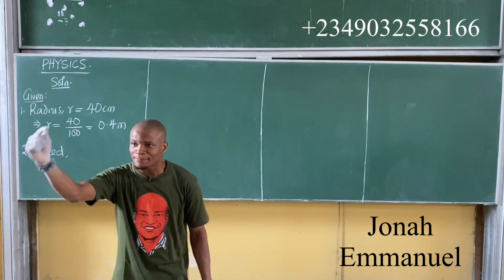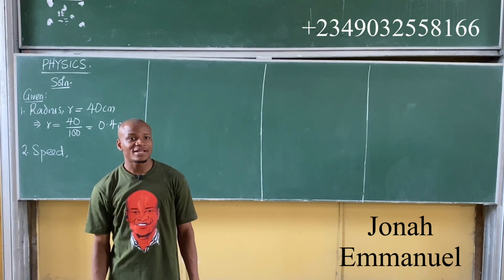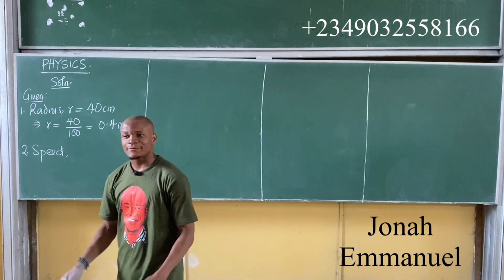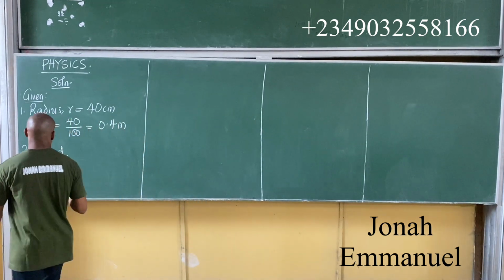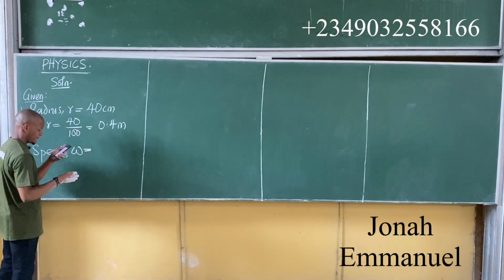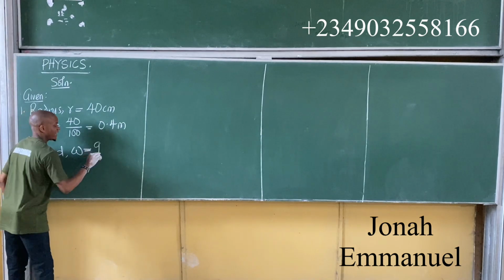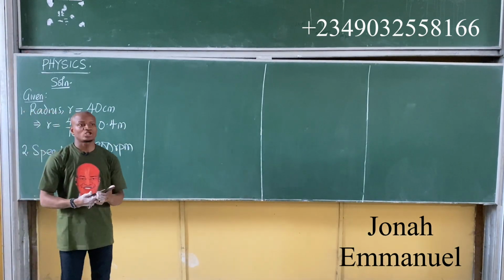It's an angular speed. Angular speed or angular velocity is omega. Please be careful though. Omega, how many there? 900 RPM. So RPM means revolution per minute.